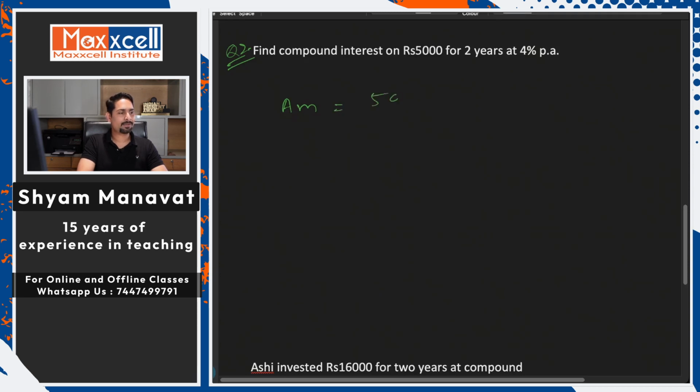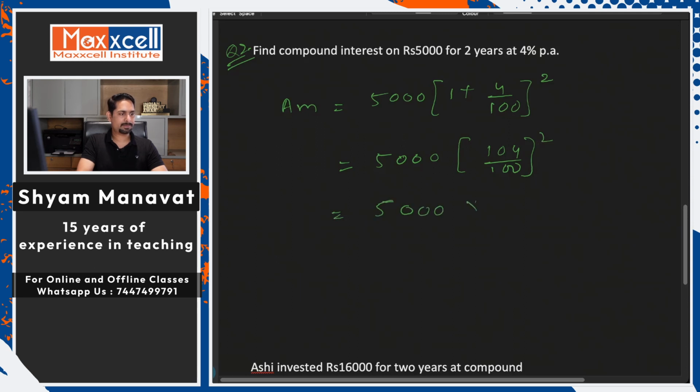So it's on 5,000. You have rate of interest 4%. I hope you know the formula by now, so I'm not writing the formula here. Principal into 1 plus r by 100 to the power t. So 5000, and here we get 104 by 100 to the power 2.